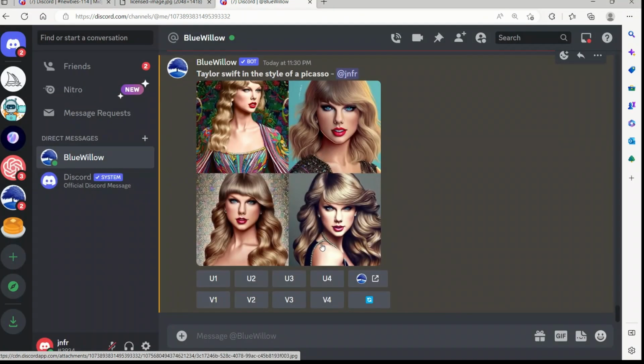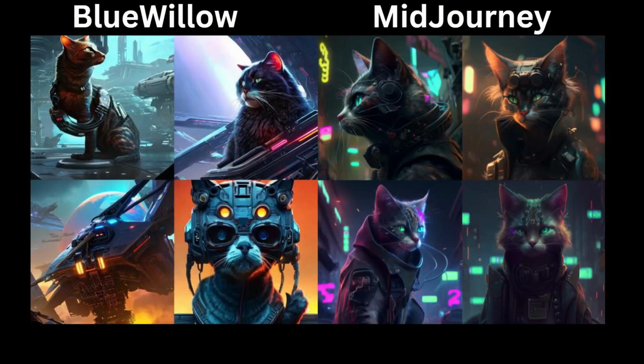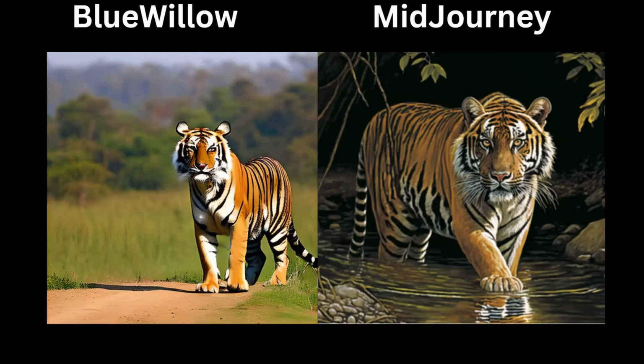In general, you will notice that stable diffusion based models always have trouble making images with faces. So that seems to be true even in this case. Let's look at some side-by-side examples. In this case, exactly the same prompt was provided to both BlueWillow and MidJourney.